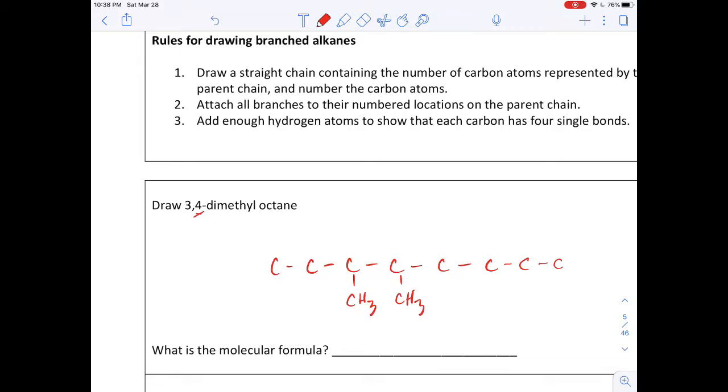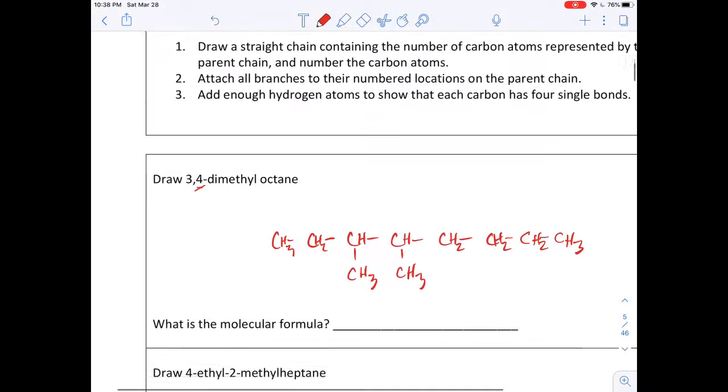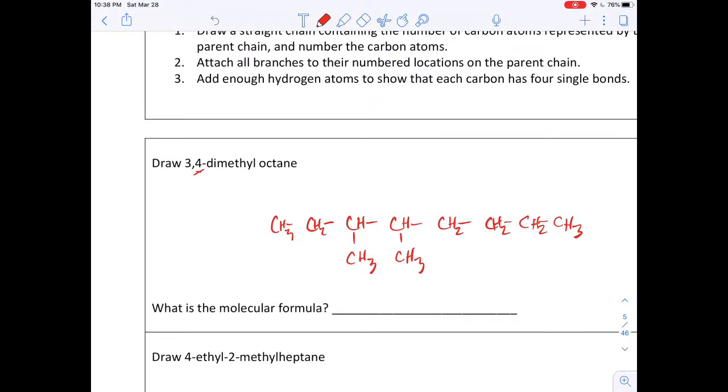So I'll fill in my hydrogens. This next carbon already has 3 bonds, so it only gets 1 hydrogen. This one also only gets 1 hydrogen. This one gets 2, 2, 2, and this one will get 3 to fill up those octets. Now, it asks for the molecular formula. I'm just going to have a total of carbons and hydrogens.